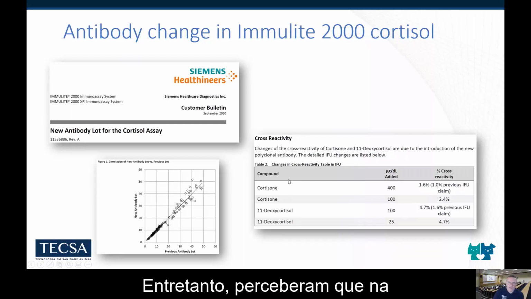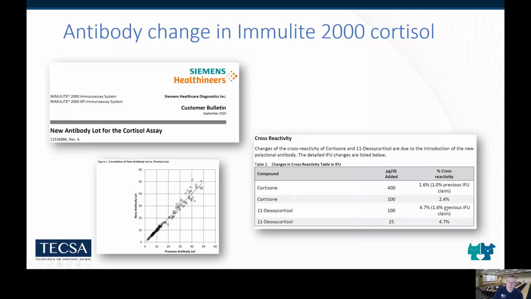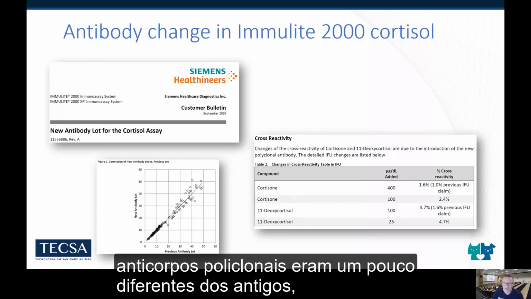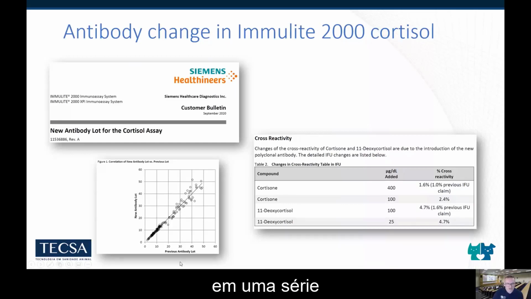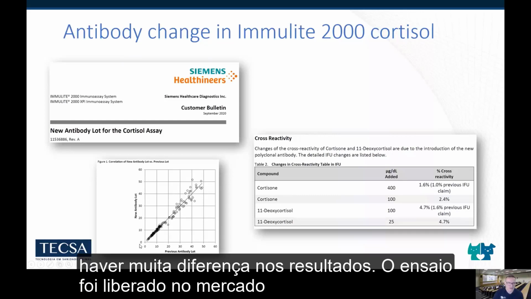They did notice, however, when they did their cross-reactivity chart, that there had been a change in the cross-reactivity with cortisone and with 11-deoxycortisol. So the new polyclonal antibodies did work a little bit differently from the old ones, but across a lot of human samples, it didn't seem to make much difference to the results, so that was released to the market.